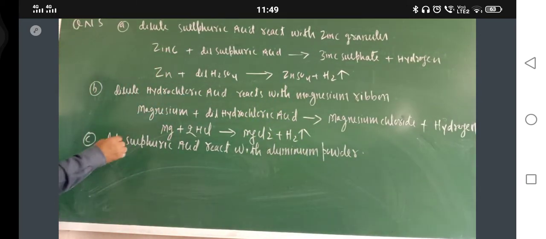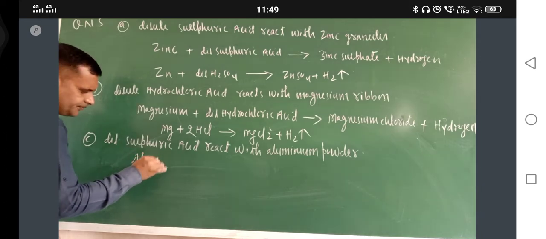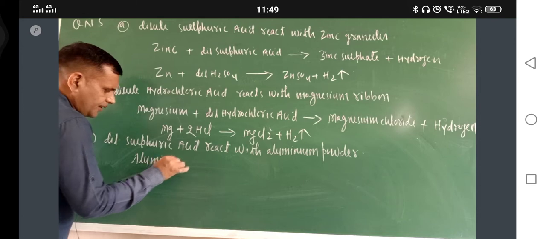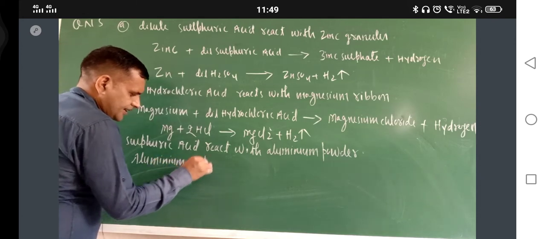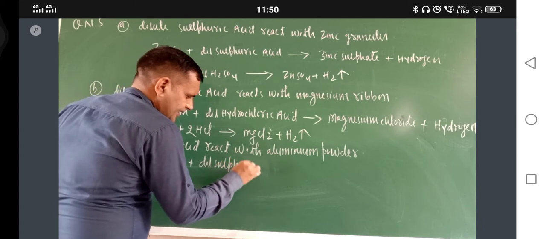Okay, so first write down the word equation. Aluminium. Next one is dilute sulfuric acid.